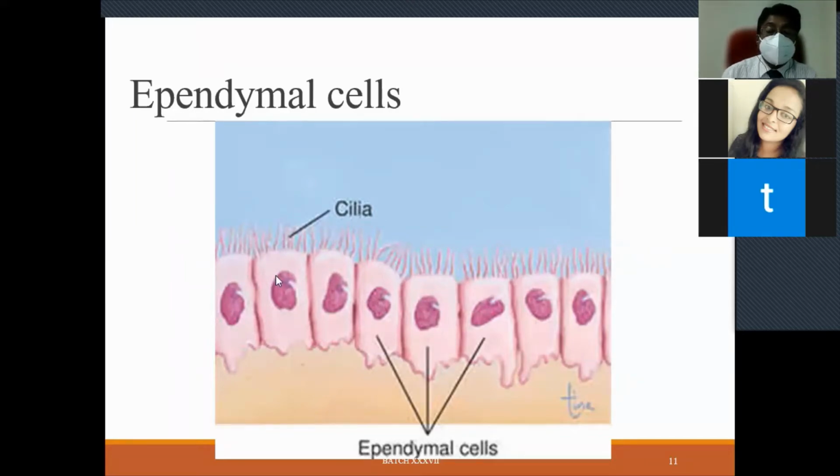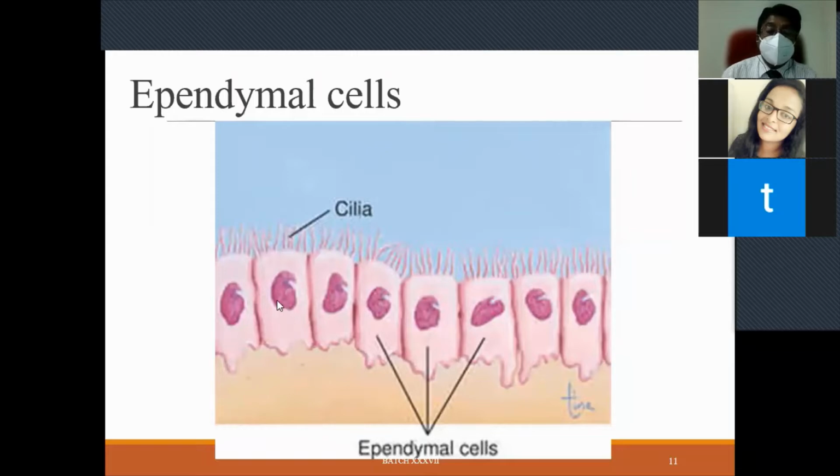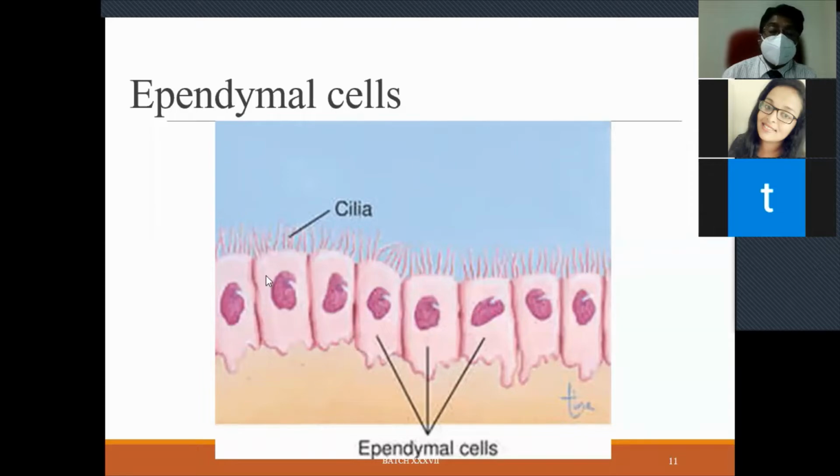So here also you can see that this particular cell is fairly tall, right? This is the nucleus, and this free surface opens to the ventricular cavity, and the surface is comprised of small projections like hair, which are called cilia, and these cilia help to transport cerebrospinal fluid.